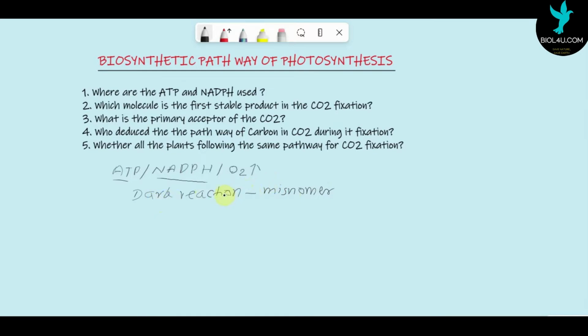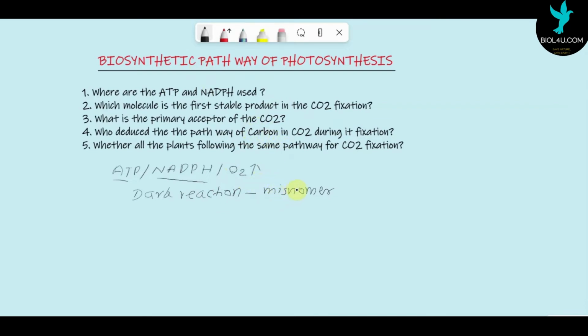Let us see why the term dark reaction applied to the biosynthetic pathway is a misnomer. When the plant produces food, that is a carbohydrate, this carbohydrate will be utilized.